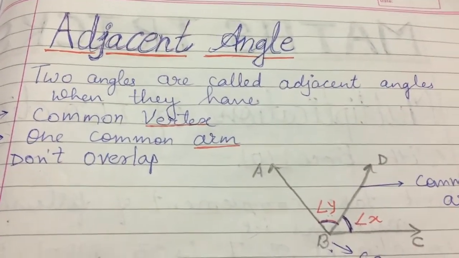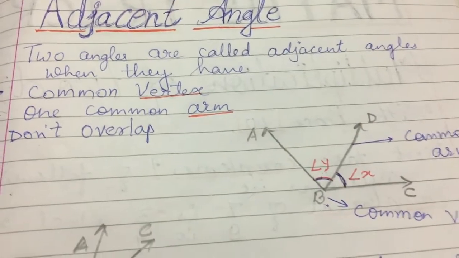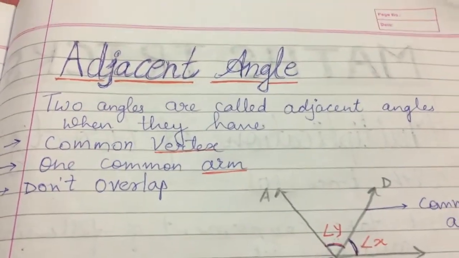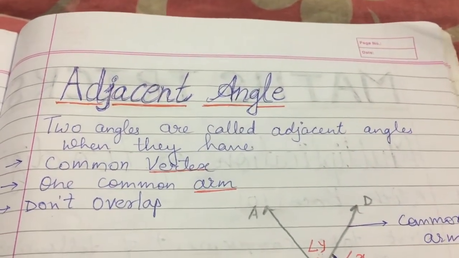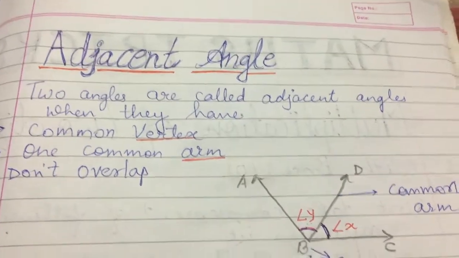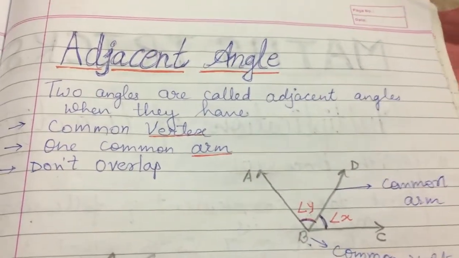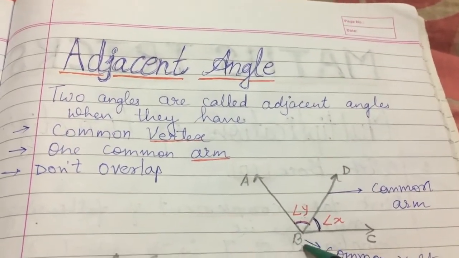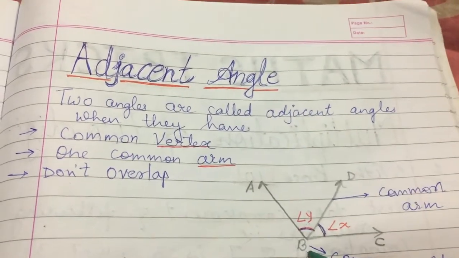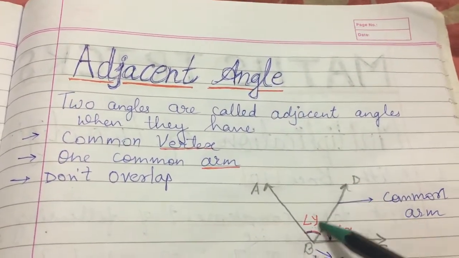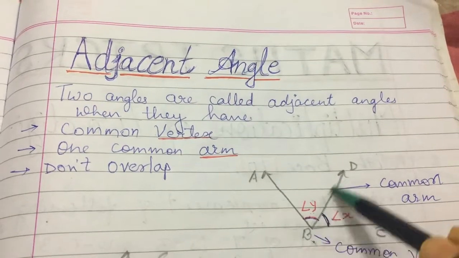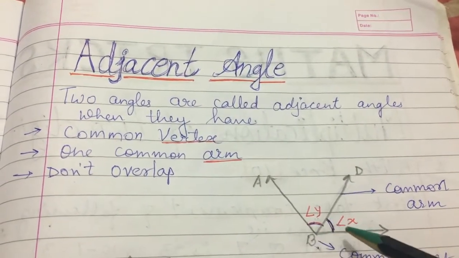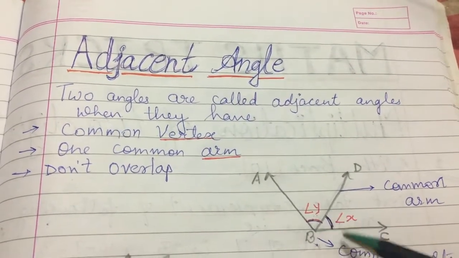So see here, adjacent angles: two angles are called adjacent angles when they have a common vertex, as here the common vertex is B, and a common arm. Here what is the common arm? BD, and they should not overlap each other.